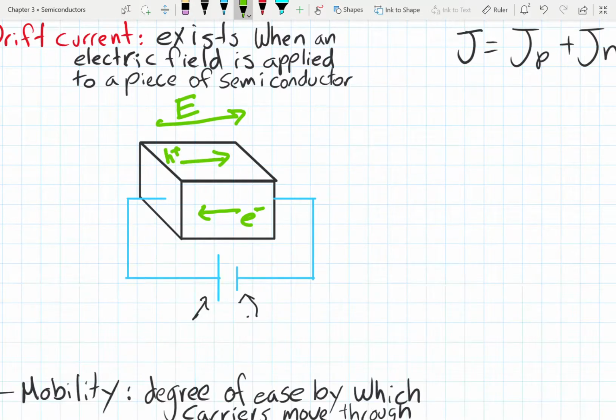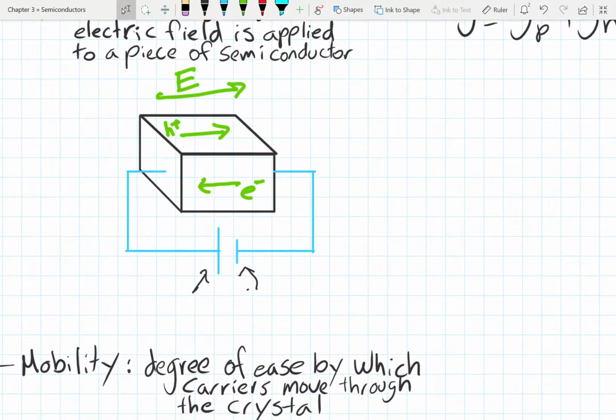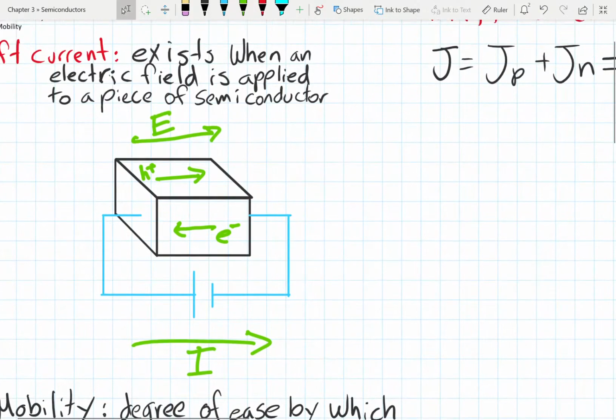And as a convention, we always take electric current to flow in the opposite direction of the electron flow, so the overall current flows in this direction. The very important thing to know about drift current is that it is created by an electric field.